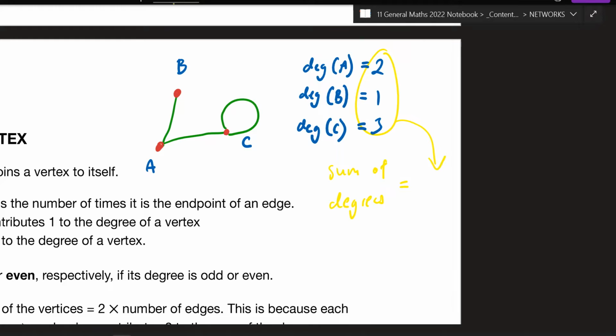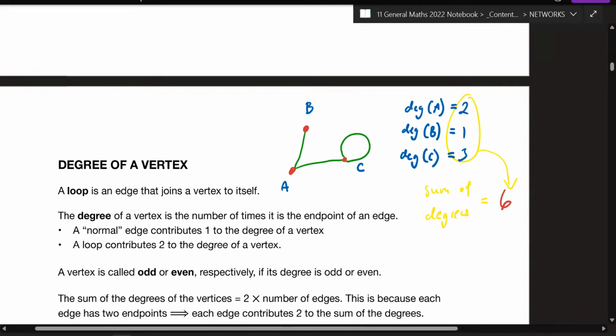So Tegan, what would that be if I added the sum of all these degrees? 2 plus 1 plus 3 is? Good, it would be 6. The sum of the degrees in this graph would be 6.